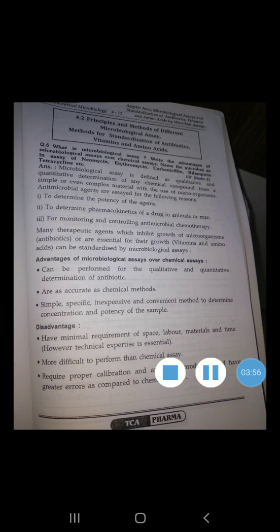Then these are useful to determine the specificity of the compound. Analysis of complex compounds like vitamin B12 can be done effectively by bioassay.